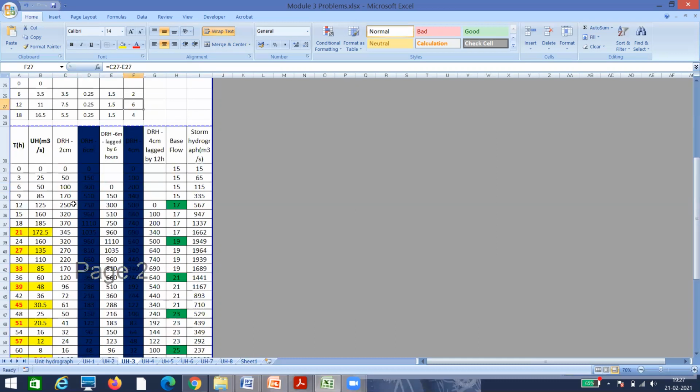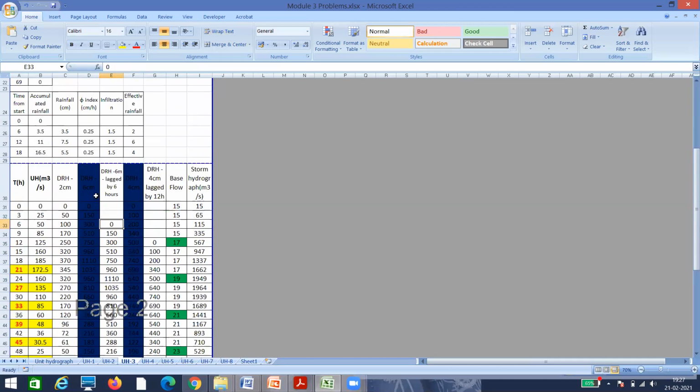So for 6, I'll be calculating the ordinates and then I'll lag it by 6 hours. So here 6 is starting, I'll be starting with 6. All these ordinates, I have delayed by 6, because it is starting only after 6 hours.